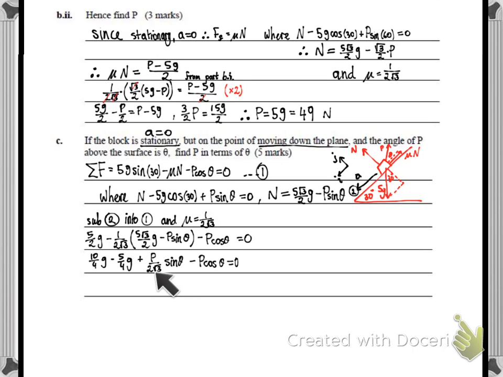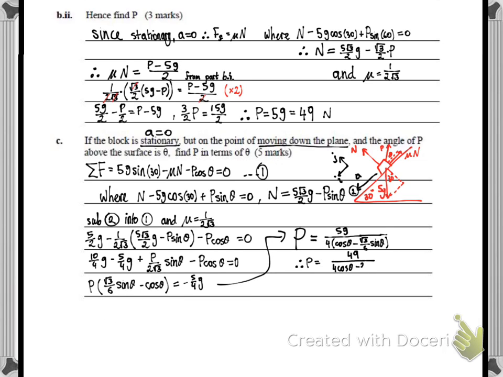Now we've got common factors of P in these two terms, so let's factorize P out, outside some brackets. There we go. Let's simplify our G terms, our gravity terms, and subtract the value over to the right hand side. And transpose for P by dividing by this bracket.